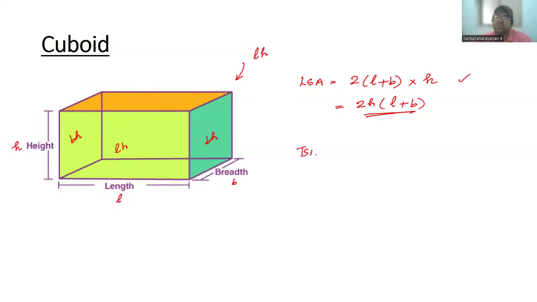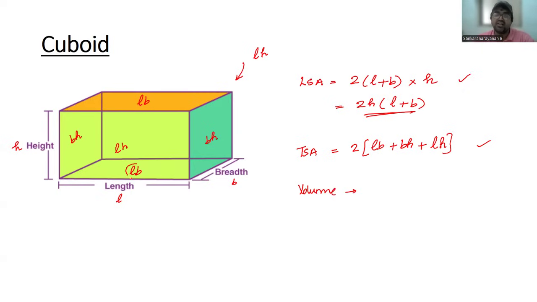For the total surface area, to this lateral surface area you are going to add the top area, which is L into B, and the bottom area, which is again L into B, so 2 times LB you will add. So the total surface area formula will be 2 times LB plus BH plus LH. This is for the total surface area associated with this cuboid. Now, in the same way, we can think about the volume of this cuboid. Volume will be base area into height.